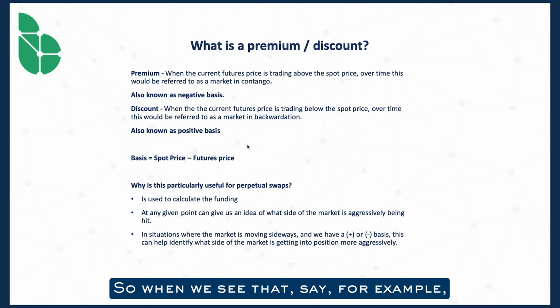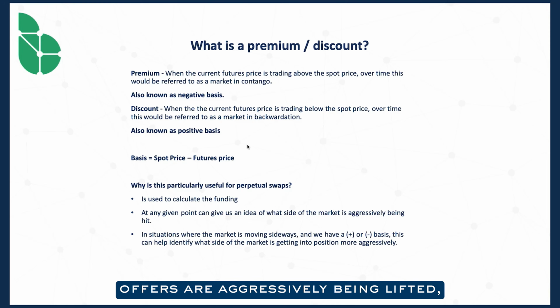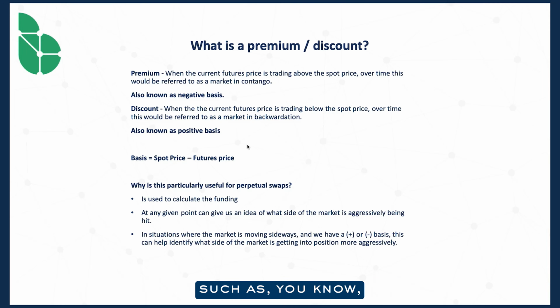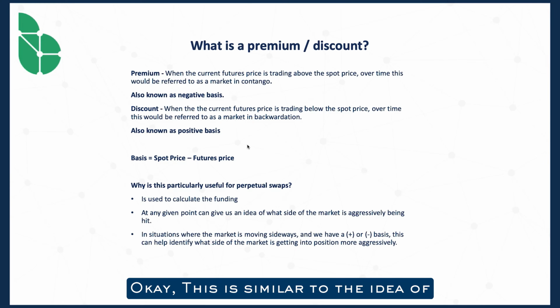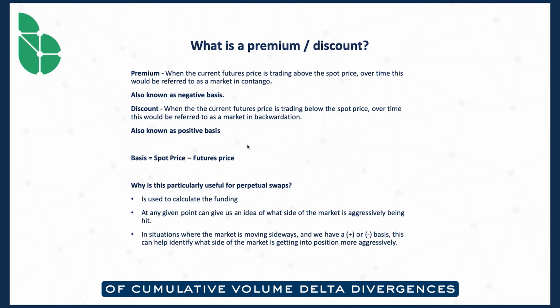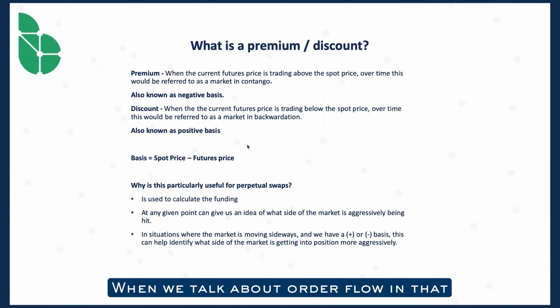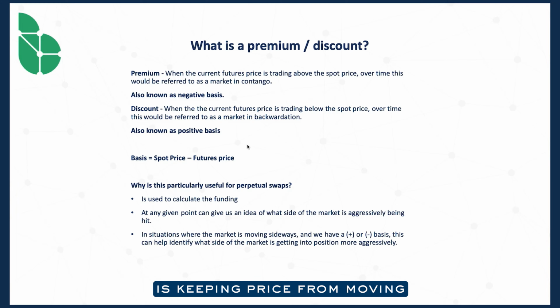So when we see offers aggressively being lifted, such as longs opening up aggressively at market, and the price is not moving, this is similar to the idea of cumulative volume delta divergences when we talk about order flow, in that the heavier hand is keeping price from moving.